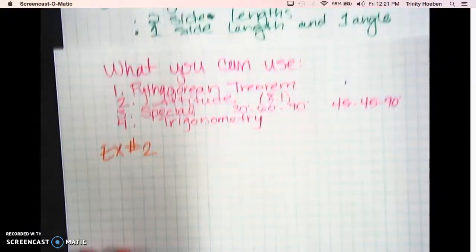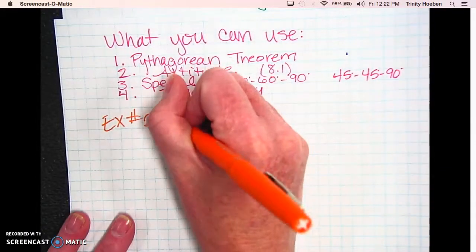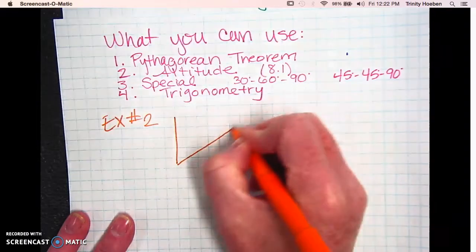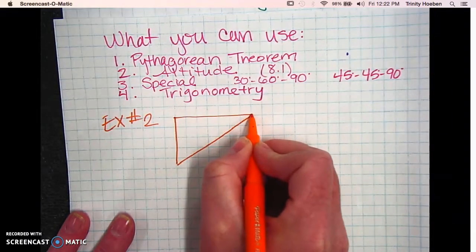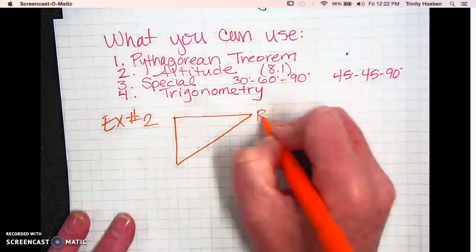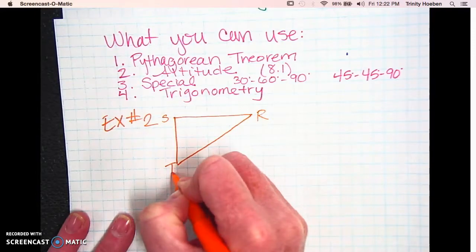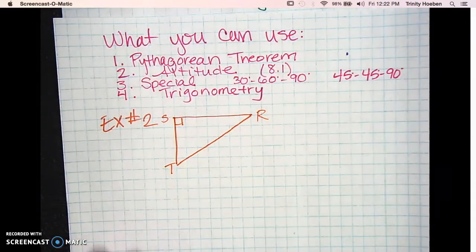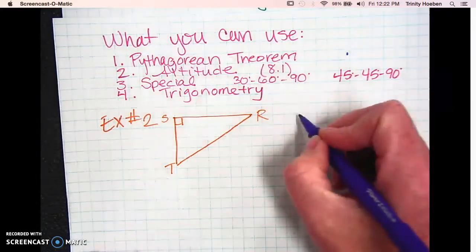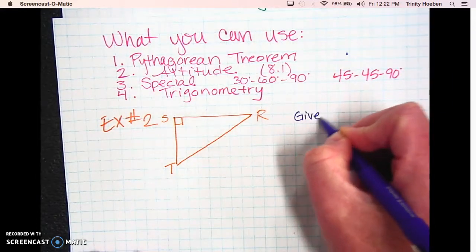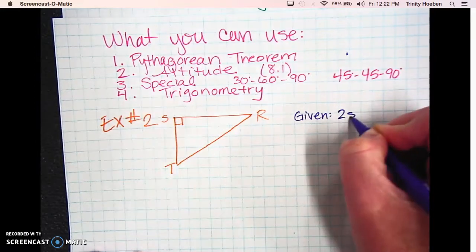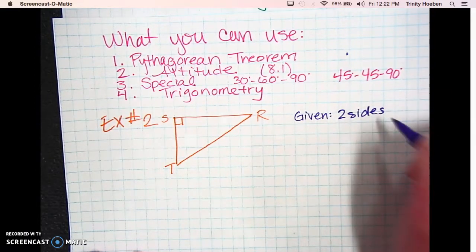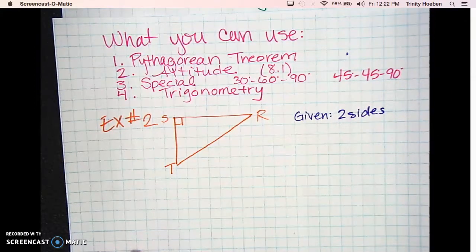Number 2, we're going to be given a right triangle. We'll call this one RST. It's definitely a right triangle. And for this one, I'm just going to be giving you 2 side lengths, okay?